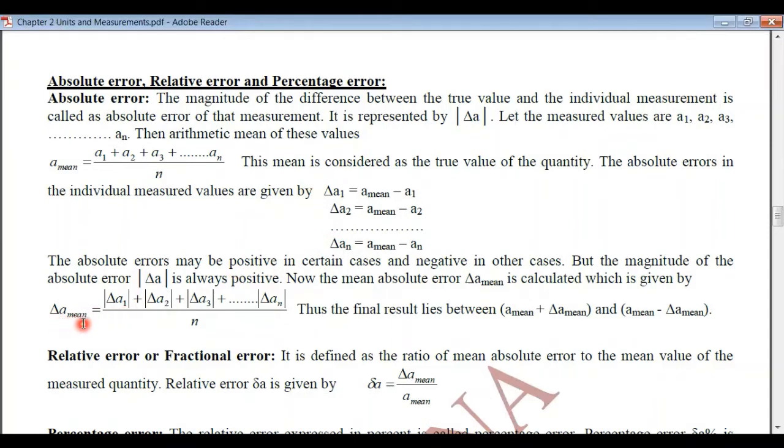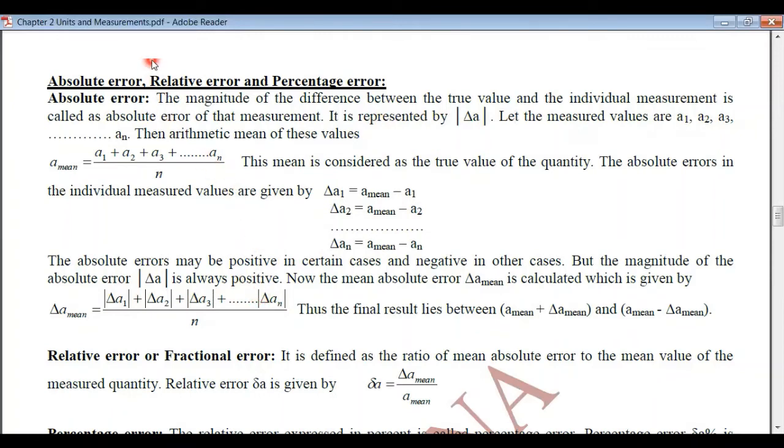So the mean absolute error is (|delta A1| + |delta A2| + and so on + |delta An|) divided by n. So first we take a number of observations, then we find the absolute error in each measurement, then we find the mean absolute error.